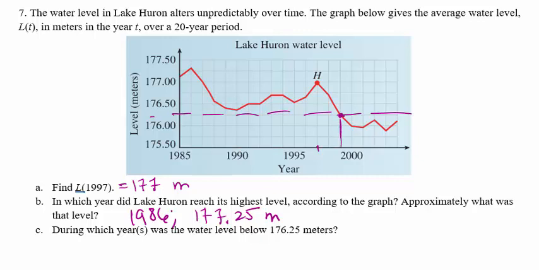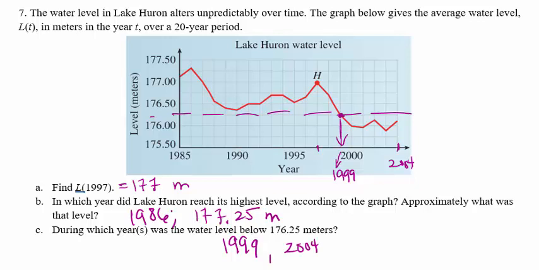Okay, so somewhere in 1999, right before 2000, it dropped below that water level, 176.25, and then it stayed that way for the rest of our graph. So we're going to say this is 2004. So from 1999 to 2004.